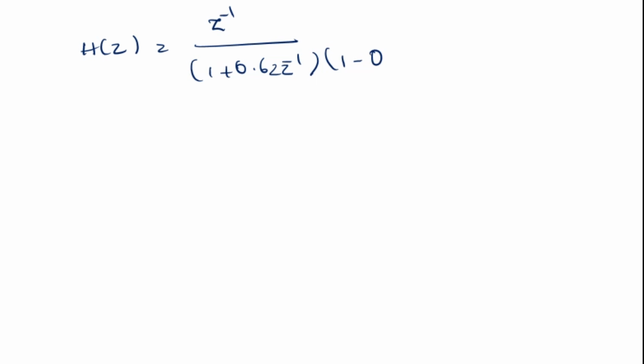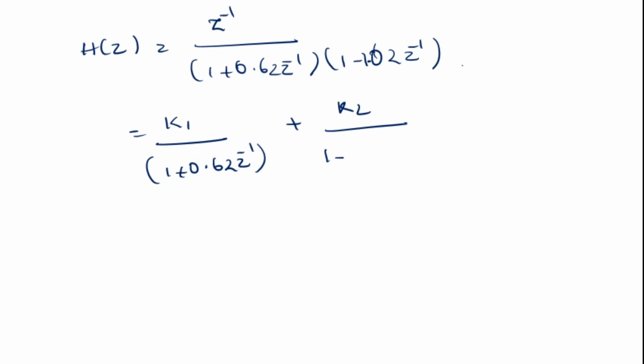We know that h of z is equal to z inverse divided by 1 plus 0.62 z inverse into 1 minus 1.62 z inverse, which is equal to k1 divided by 1 plus 0.62 z inverse plus k2 divided by 1 minus 1.62 z inverse.